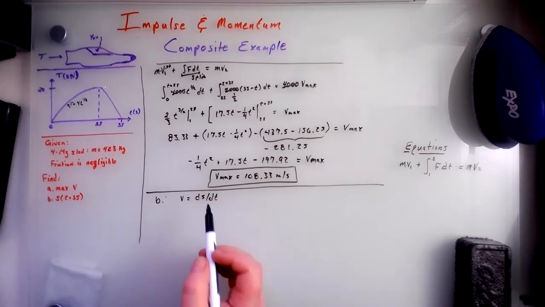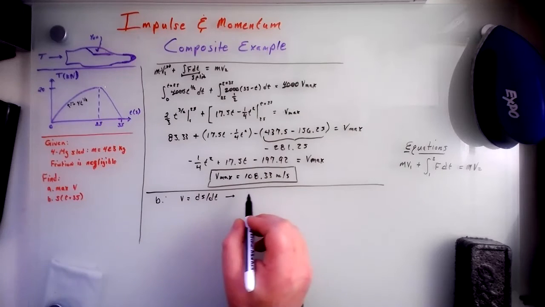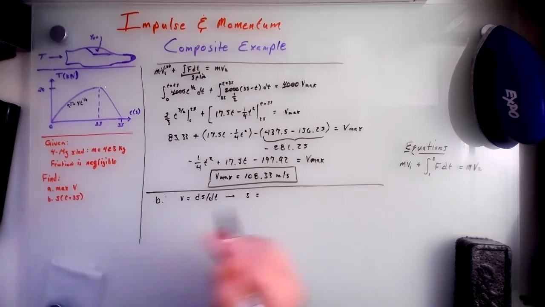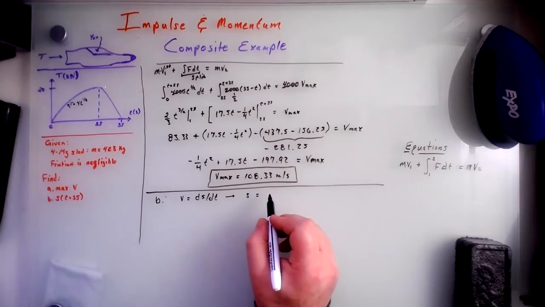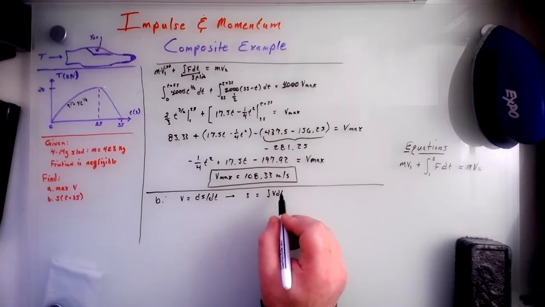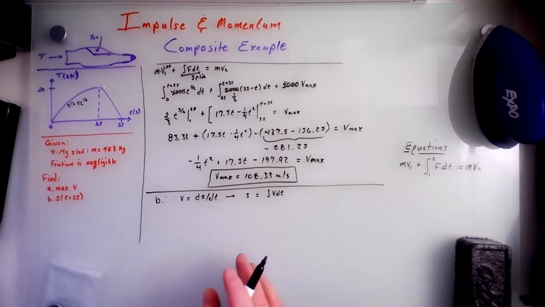When we separate this, we get s, which we're after, equal to the integral of v dt. Again, we can just split it and add this up.